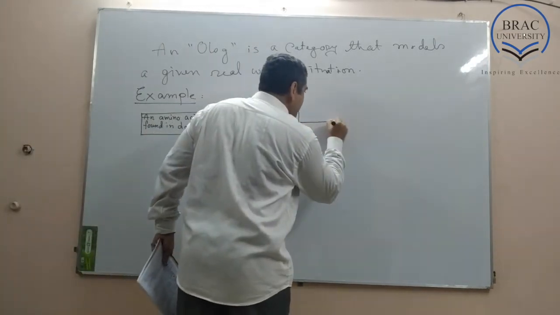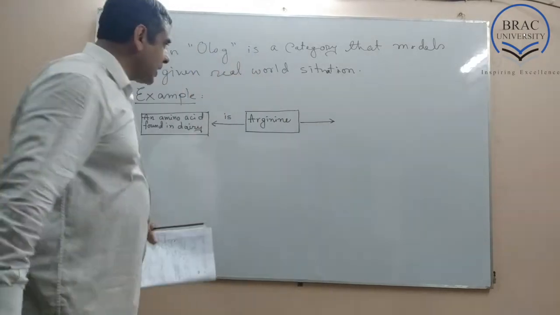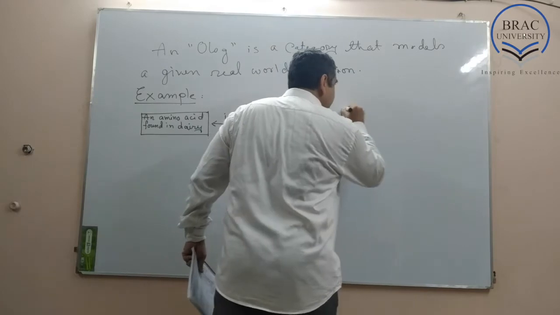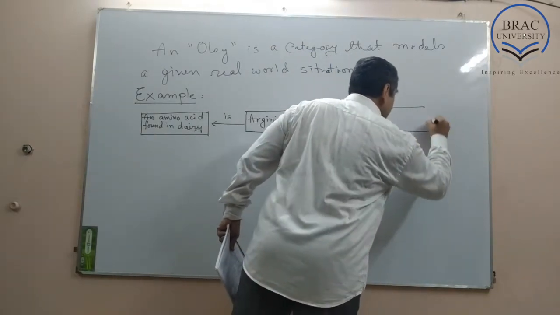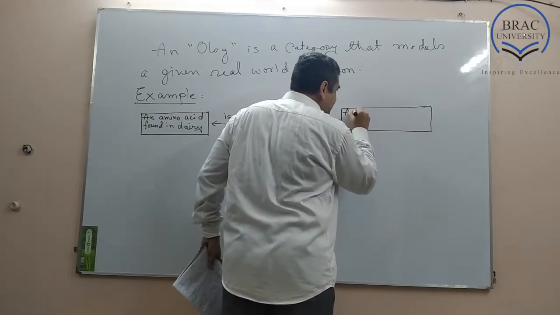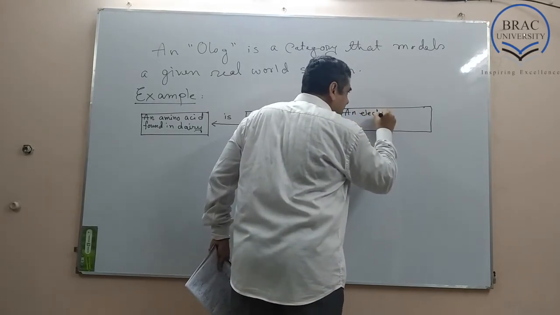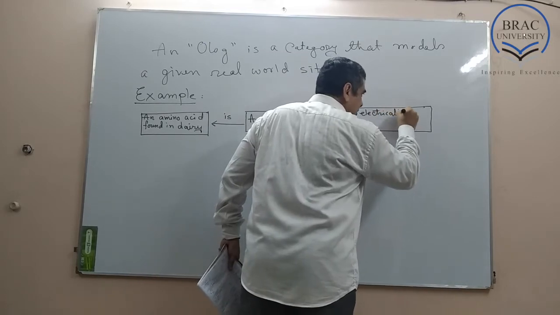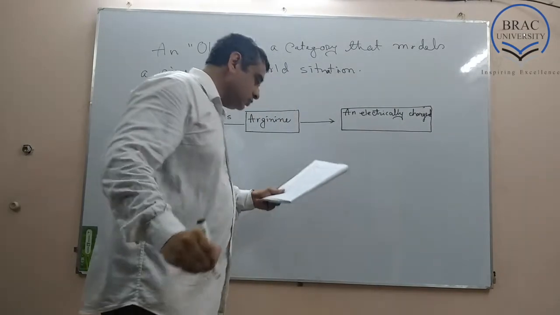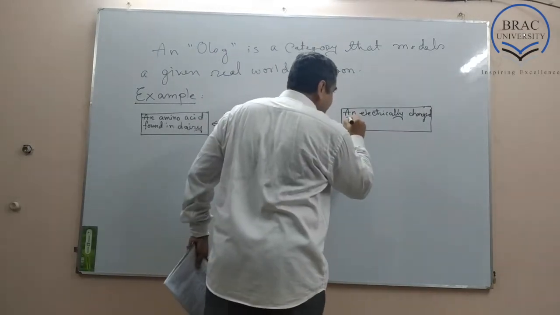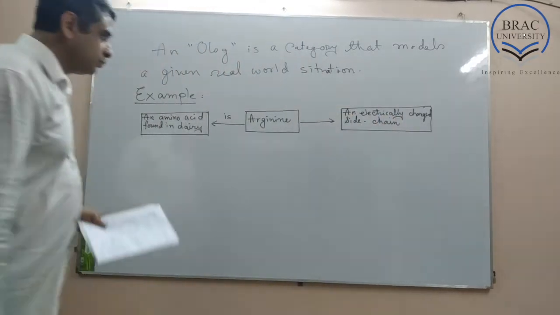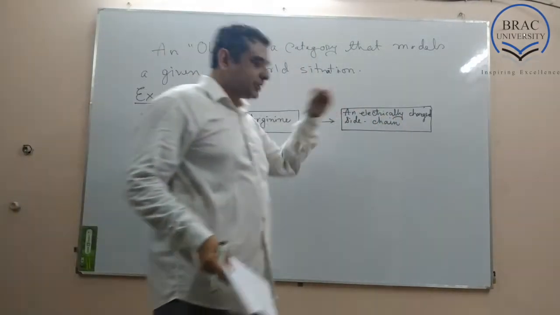Then I have another arrow pointing to the right of this arginine box to another box with the label an electrically charged side chain. Okay. So I'll explain what it means by side chain in a moment.